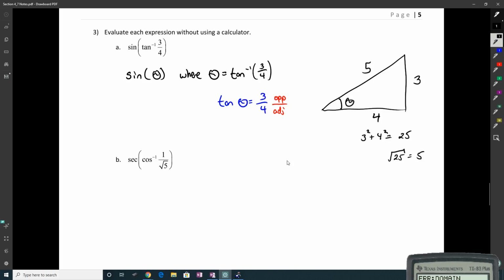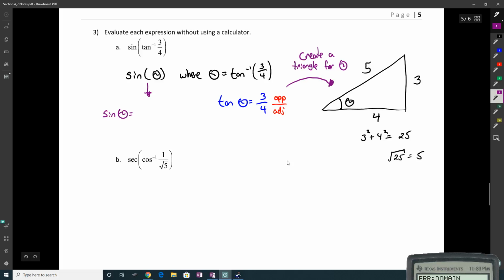Okay. So basically with this, we can create a triangle for theta. And with that, I can finally answer sine of theta. Sine is just opposite over hypotenuse.